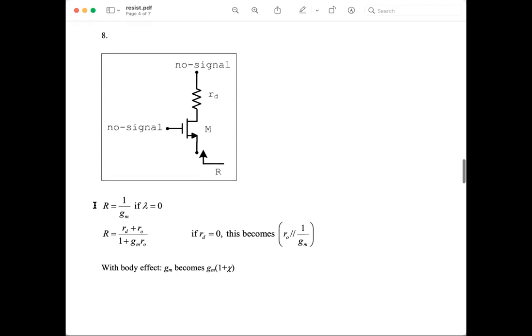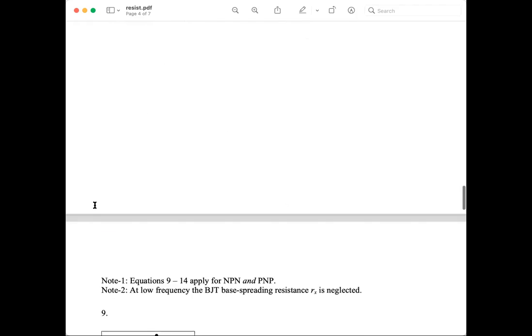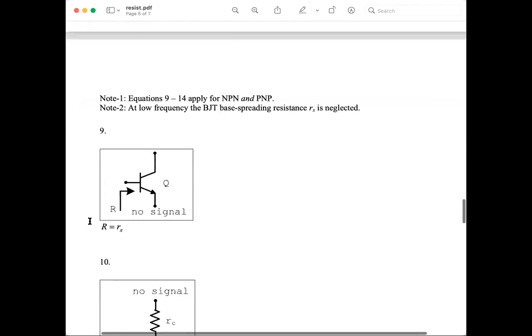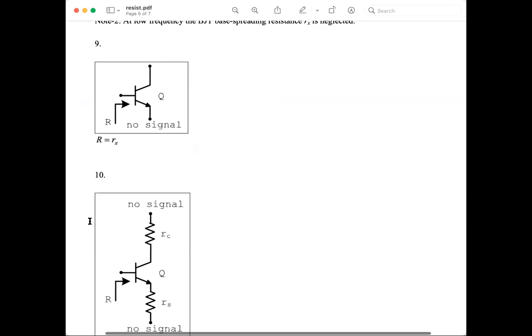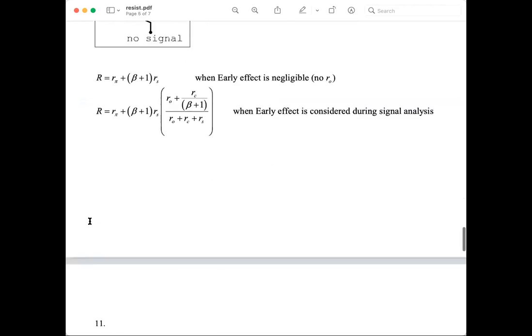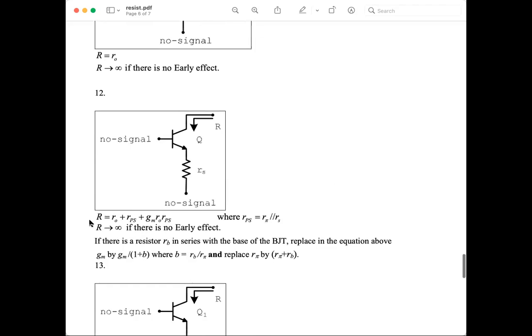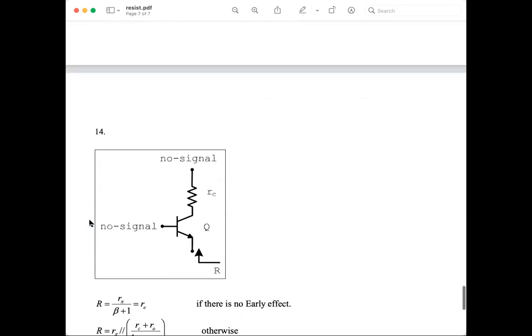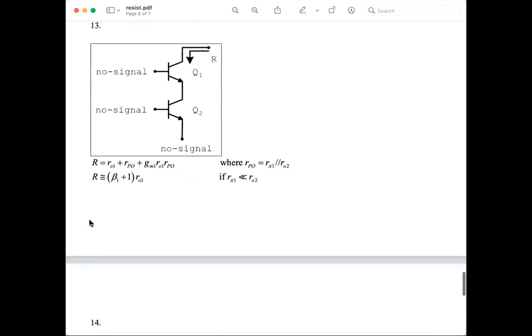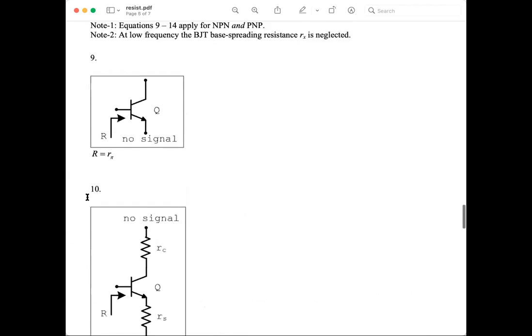So this is what we derived in the case of common gate. And then we have some other formulas for the BJT, input resistance at the base and at the collector and at the emitter.